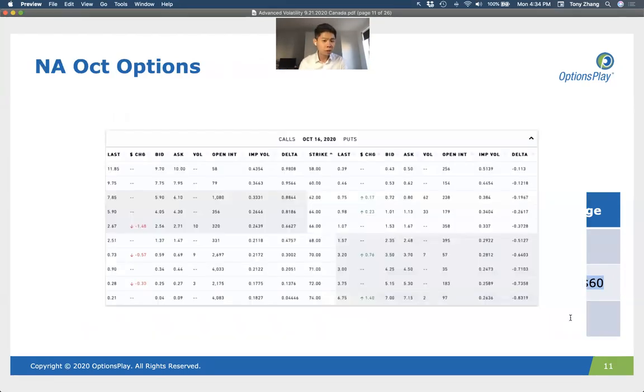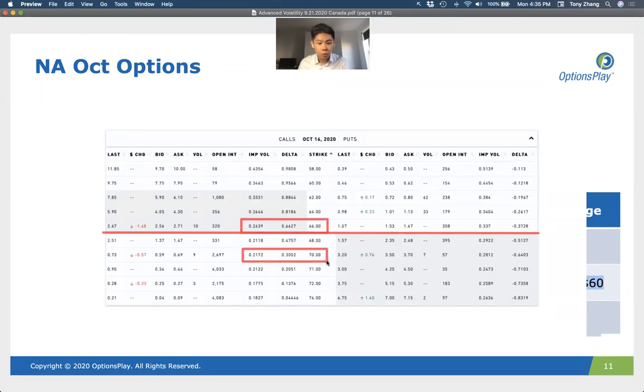So here's an example of National Bank. Before, we looked at BMO October options and BMO November options. Now let's take a look at National Bank October options. National Bank here was trading somewhere between $66 and $68. That's the at-the-money strike price for October. As you can see, the at-the-money options are trading at around 24 vol.